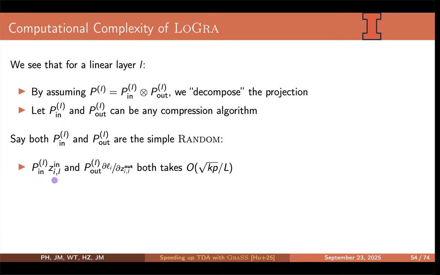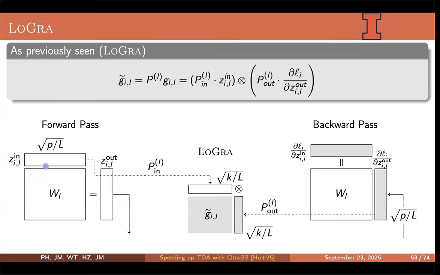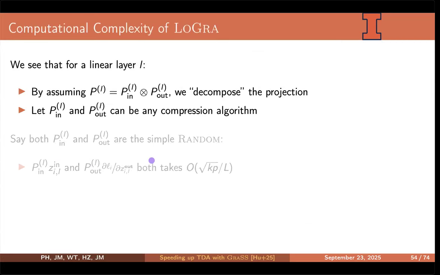Since they are just matrix-vector multiplication, going from square root of p over L down to square root of k over L, if this is random, which is matrix multiplication compression, it will just take square root of kp, everything over L, right?